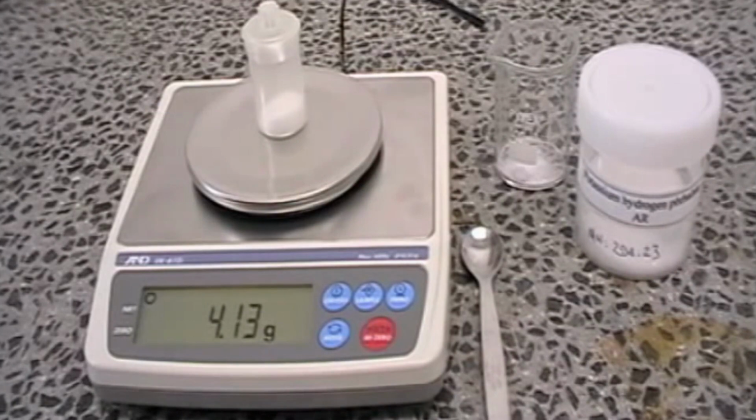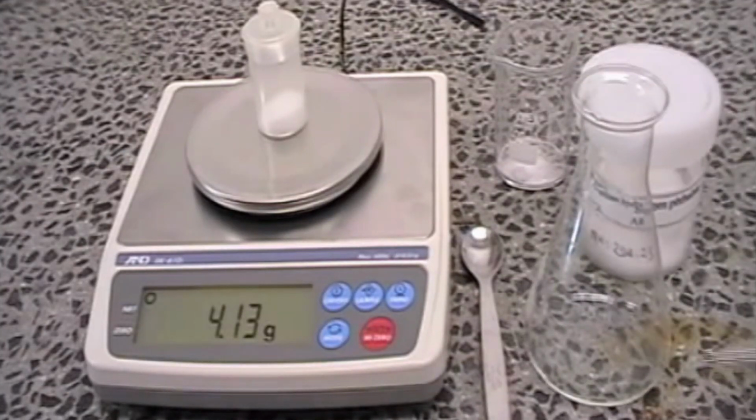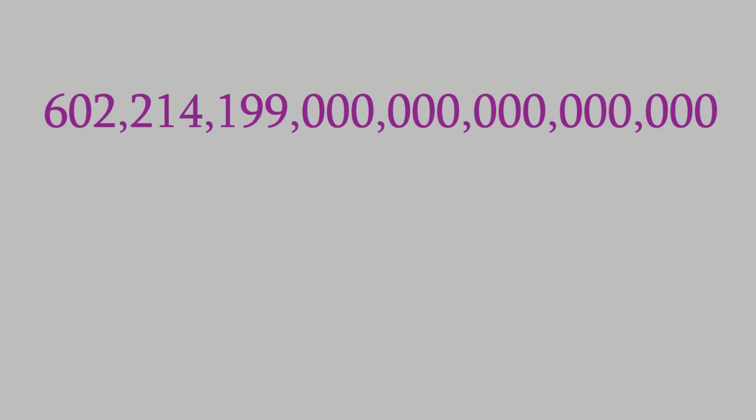It turns out that we can convert between AMUs and grams pretty easily, and we'll do that next time. For now, it's enough to know that the conversion between AMUs and grams is an enormous number. In 1 gram, there are 602 sextillion, 214 quintillion, 199 quadrillion AMUs.